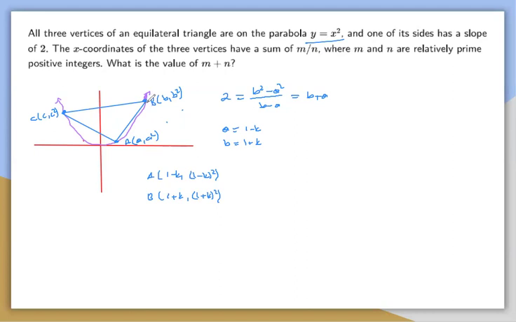Since we know this is an equilateral triangle, we should use that as well. We just need to use every piece of information that we can derive.